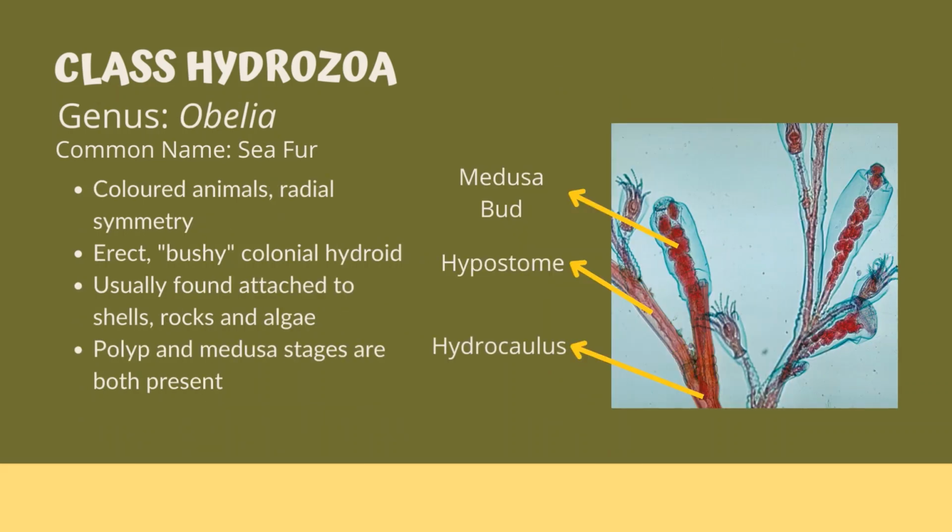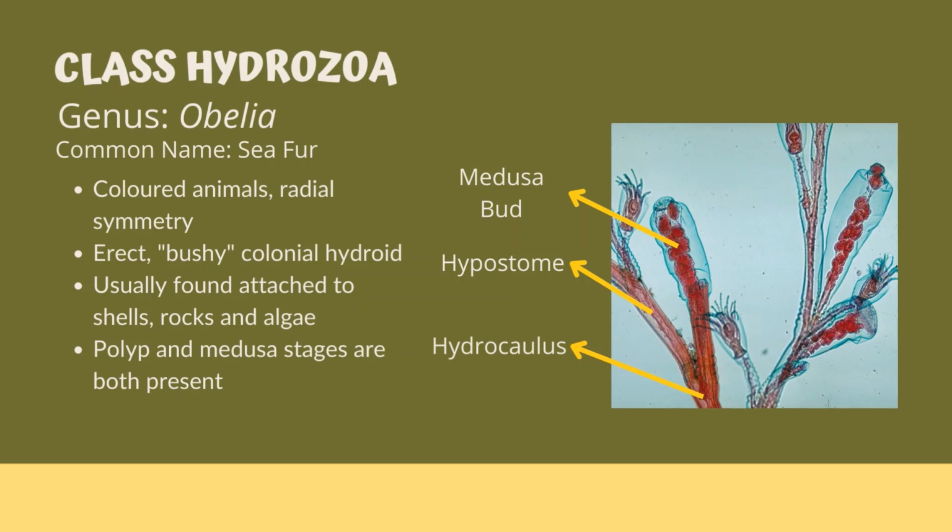Now we have another hydrozoan, which is the Obelia, also known as the sea fur. It is often a brilliantly colored animal that exhibits radial symmetry. It is an erect, bushy colonial hydroid that inhabits the sea and is usually found attached to shells, rocks, and algae.